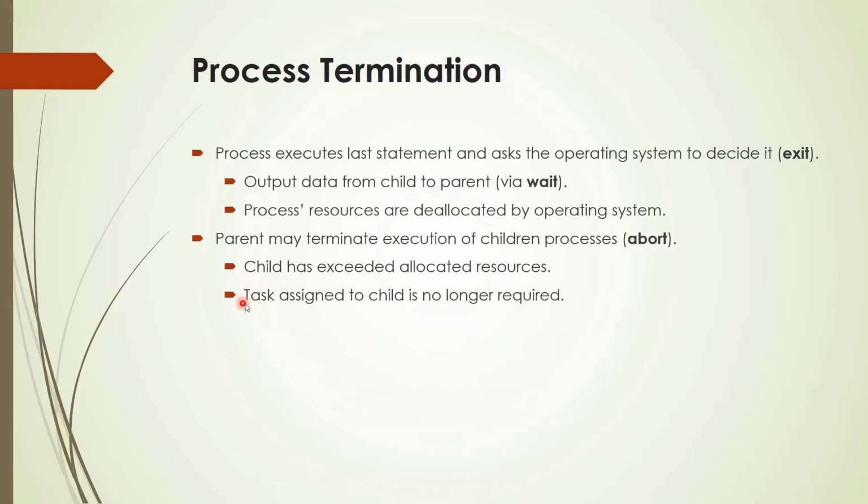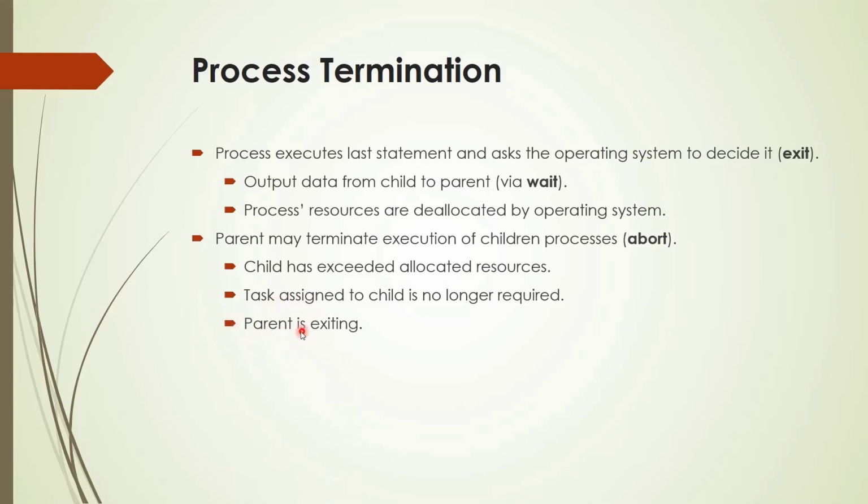Or the parent does not need the task which was given to the child. So in that case also the parent may terminate the child. So the first case is that the child exceeded the allocated resources, so the child may be terminated. Second case, the task assigned by the parent to the child is not required, so the parent will terminate the child.